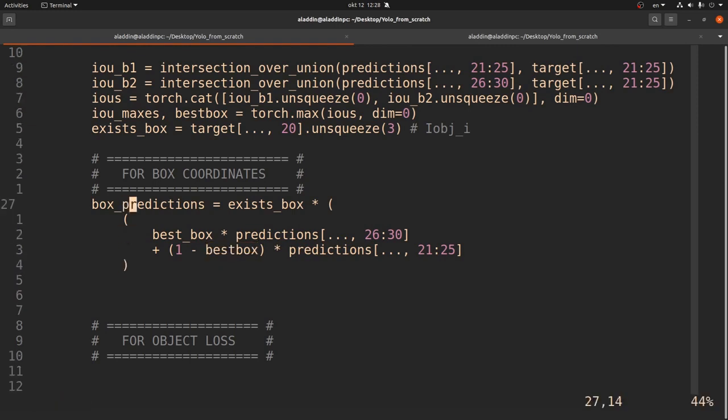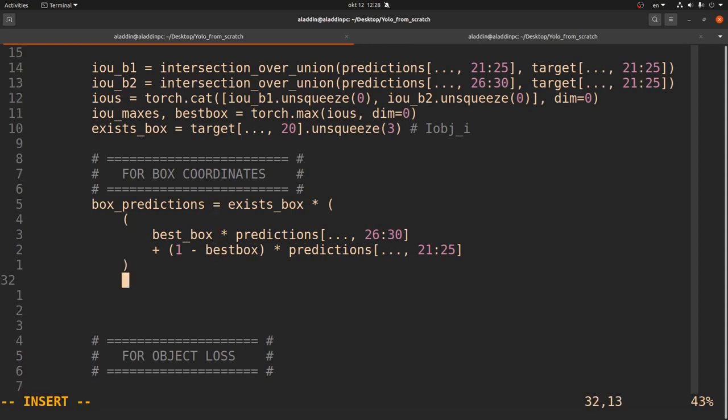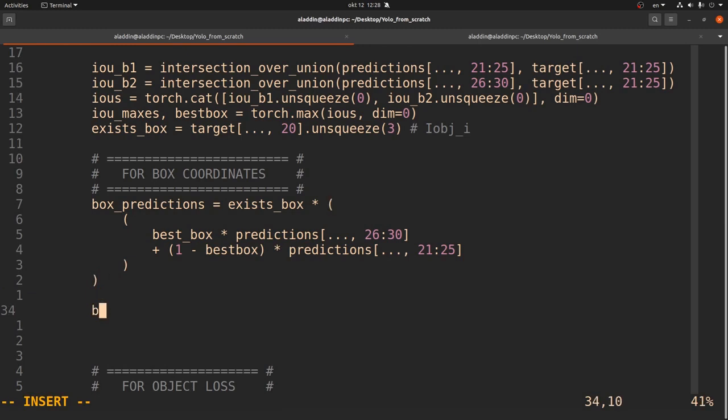And then we also times that with the existence of a box, so we only want to compute the loss if there is actually an object in that cell. All right, so after the box predictions, we're going to do the box targets, and that's going to be exist box times target of 21 to 25.